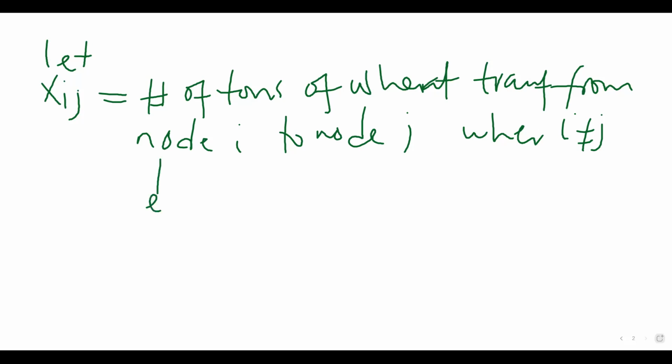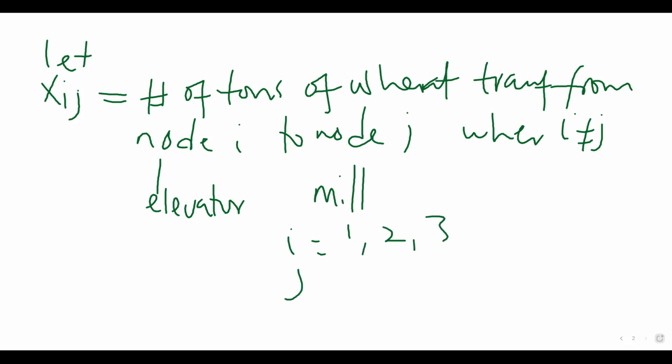So you say from elevator i to mill j, so that you are kind of specific. And then you define i, where i is equal to 1, 2, and 3. And j, if you can remember, were A, B, and C.